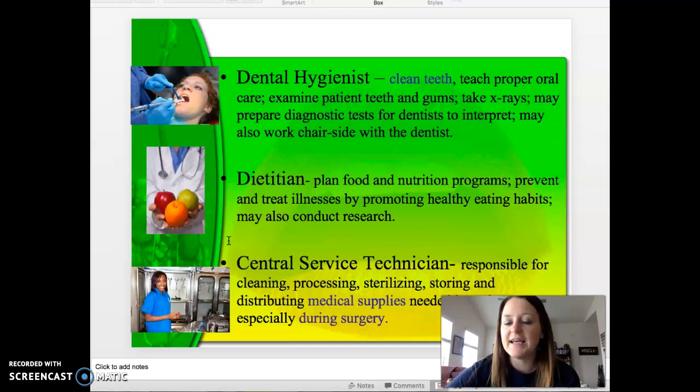And then you have a CST, which is a central service technician. They are basically responsible for cleaning and taking care of any medical supplies that are needed during surgery or basically any time. They're just going to be responsible for cleaning everything up.